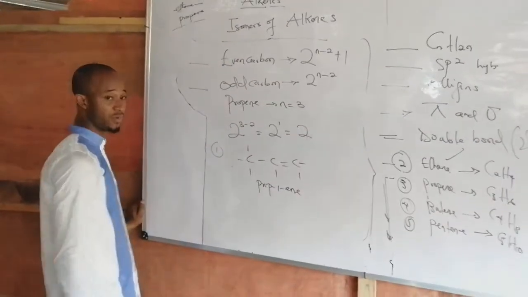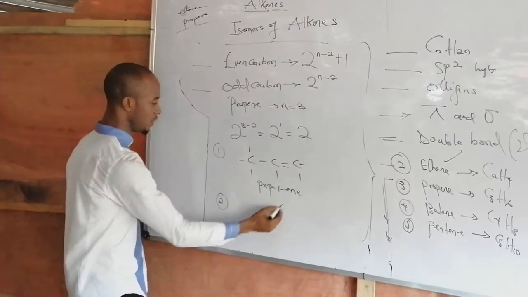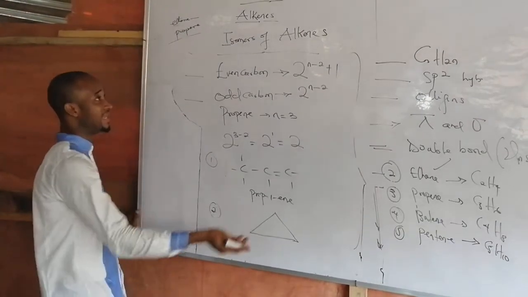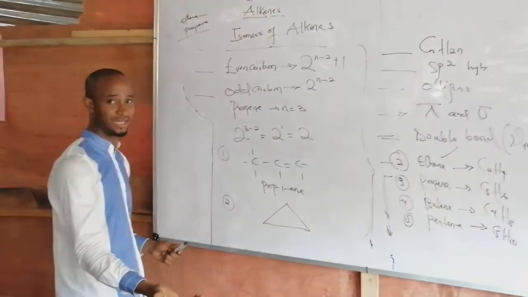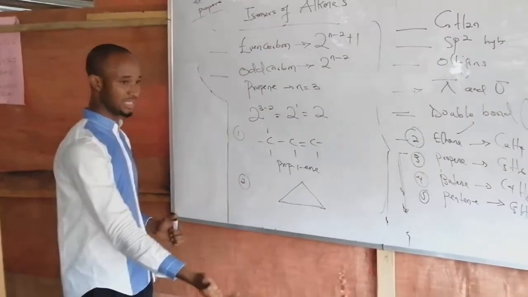That's the first isomer of propene. Then the second one will be cyclopropane. You know cycloalkanes. In our last class we talked about cycloalkanes. We said they are alkanes, like cyclobutane is butane.